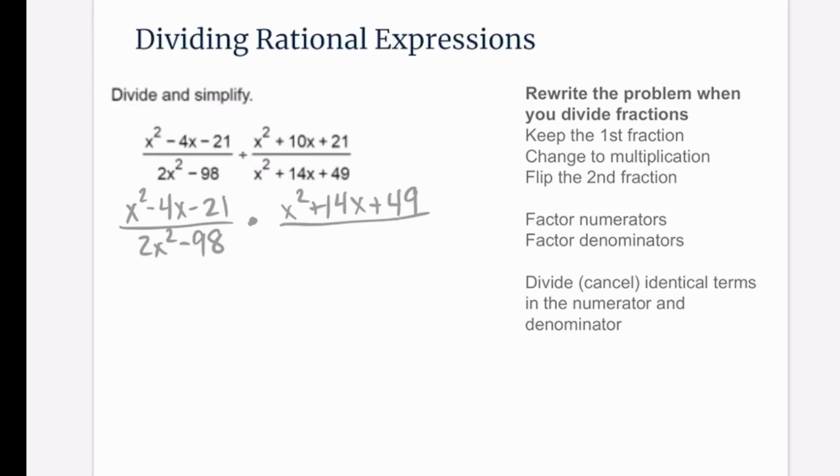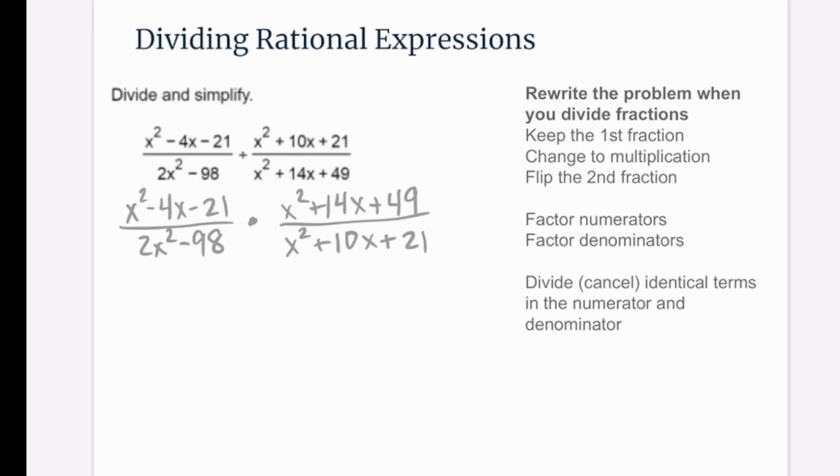So our original problem, x squared minus 4x minus 21 divided by 2x squared minus 98, and that's divided by x squared plus 10x plus 21 over x squared plus 14x plus 49.